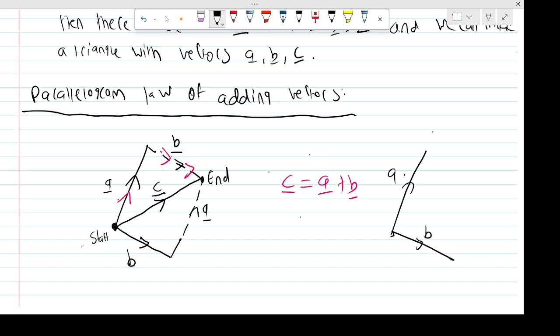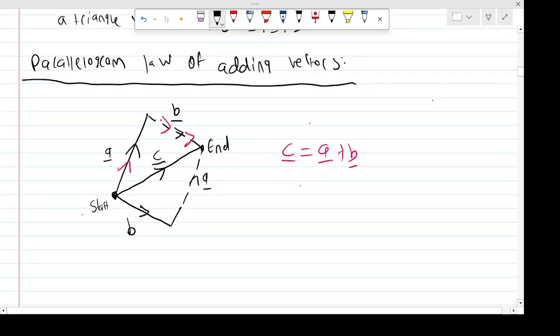Now they're adjacent, not one after another, but we can form a parallelogram, and so the diagonal is their total. So the diagonal would be A and B, which we can call vector C. So that's the whole idea, right? These two laws, the parallelogram and the triangle law, give me two different ways of visualizing what adding two vectors means.